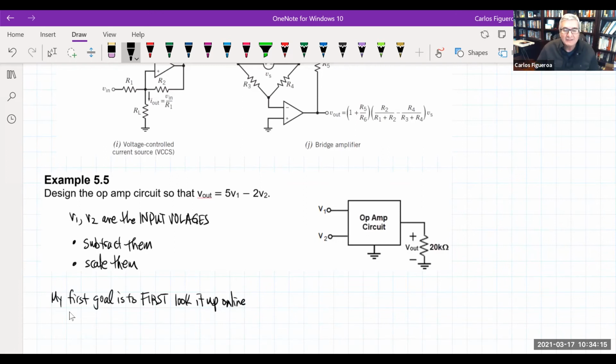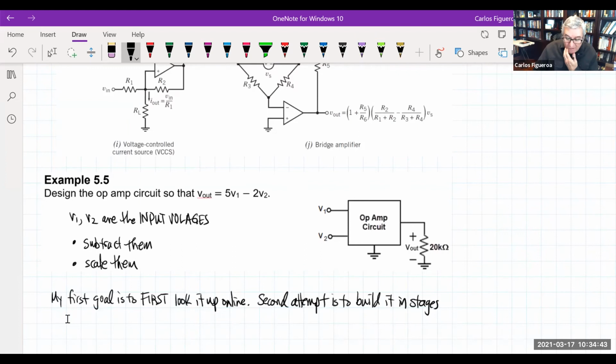Can I find a circuit that's already been designed to do that? And if that doesn't work, then my second attempt is to build it in stages.